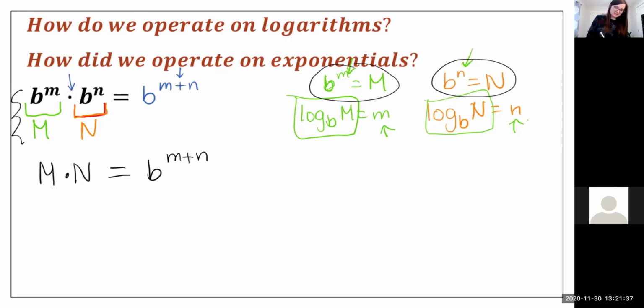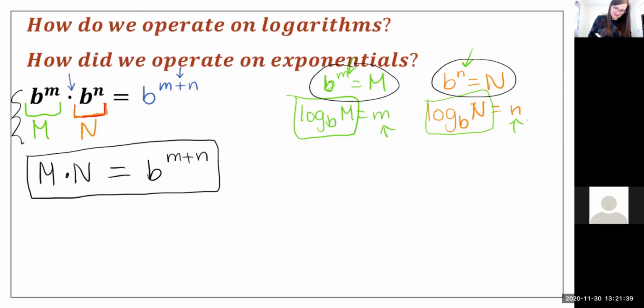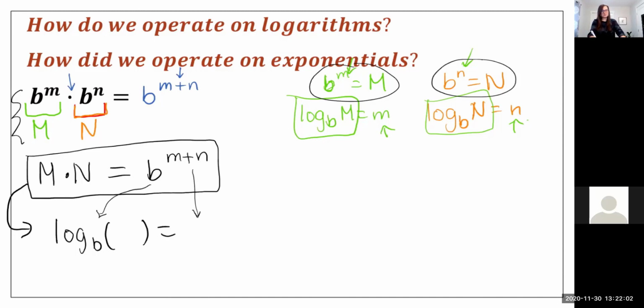And now I'm going to take this statement and transform it into its log form. So think with me here. How would you convert that into its log form? Well, you always think the b is the base of the log. So that's going to go into the base of the log, right? Of the logarithm of something is equal to the exponent.